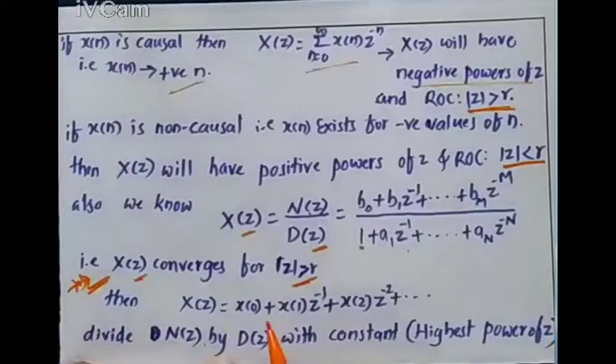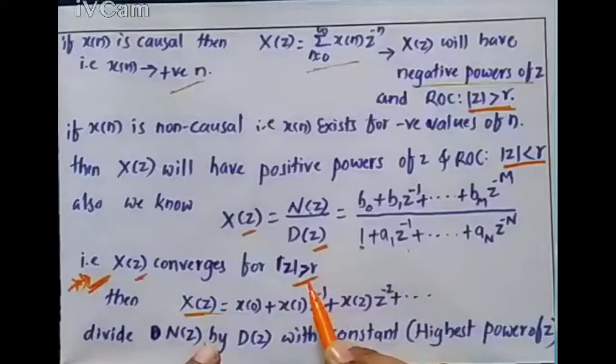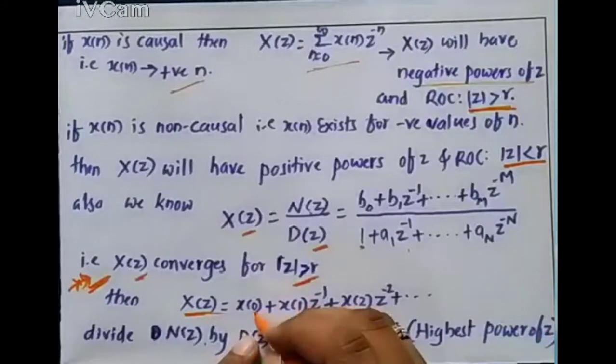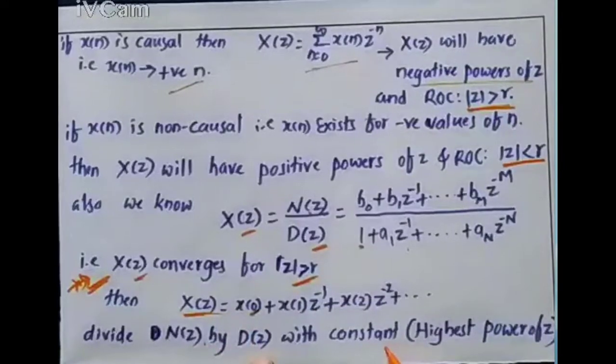Okay, so in this expression, whatever X of z we get for the causal sequence, you can see what the highest power of z is here, because it has only negative powers of z, z power minus 1, z power minus 2, z power minus 3, it will go up to infinity. So the highest power of z is the constant term, so that's why we need to start the division with a constant.